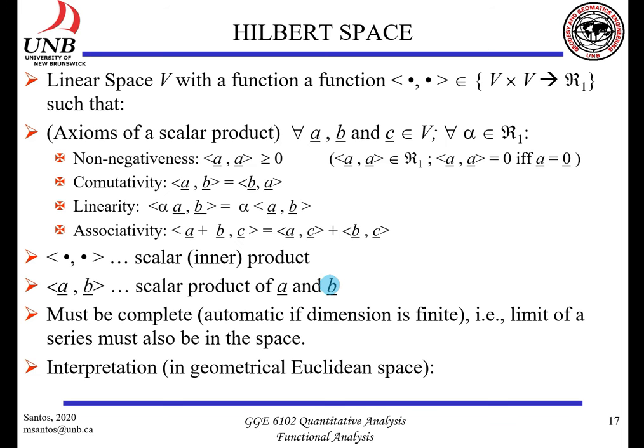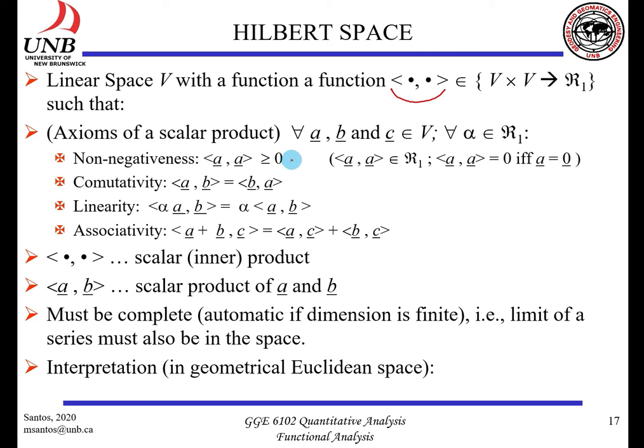Let's continue. Hilbert space. A Hilbert space is a space that contains a scalar product. This symbol that looks like a smiley face is the scalar product between two vectors A and B. We are defining here vectors A, B, and C that belong to this linear space V, and also the scalar that is a real number.